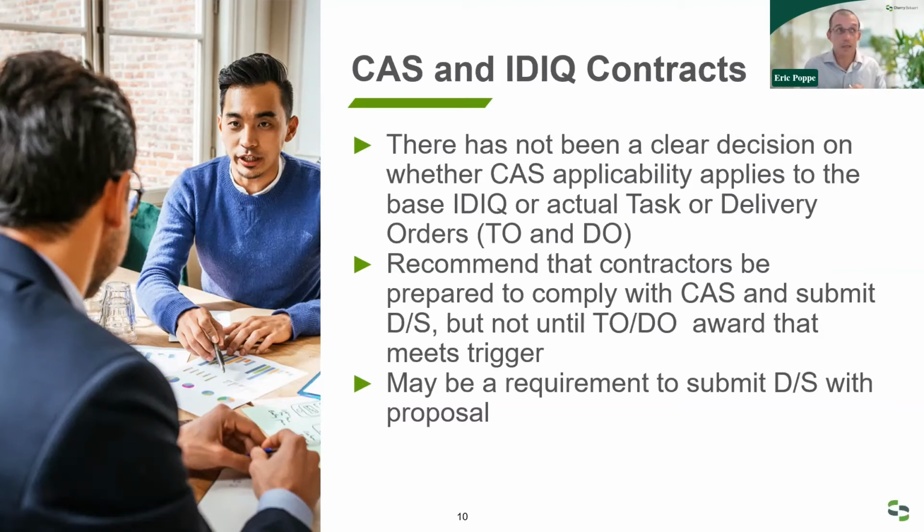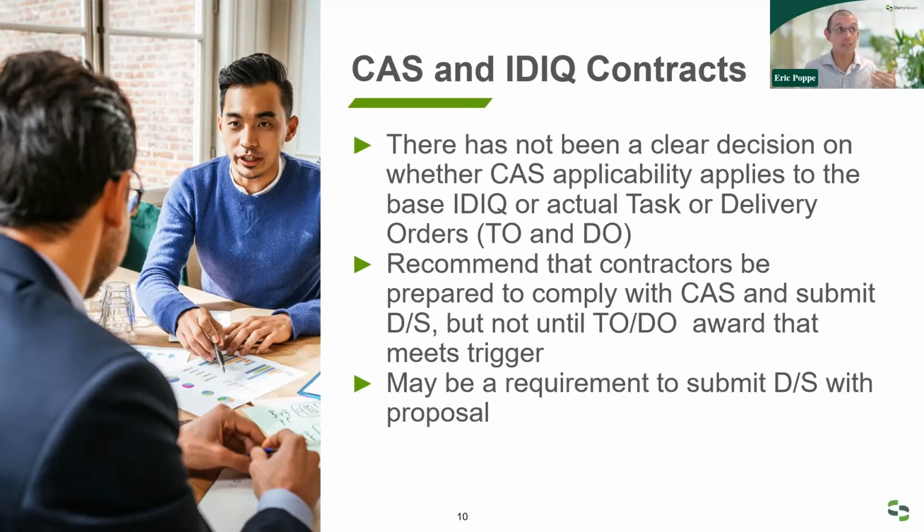Even if you're not CAS covered or don't have any CAS covered contracts yet, having a disclosure statement ready is a good practice overall. One, if it's a proposal you might have to submit and you do trigger CAS, you might be required to submit that disclosure statement.